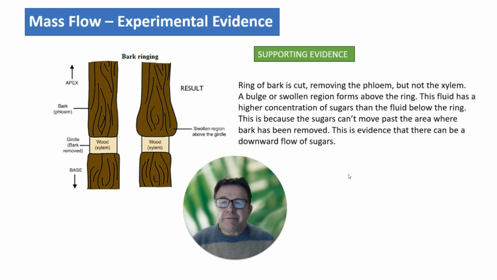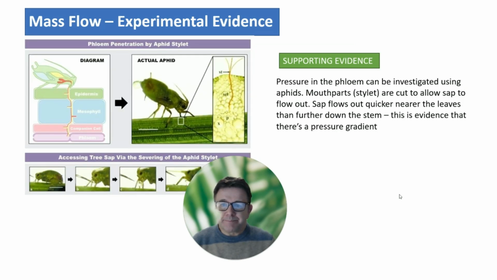What they then find after a while is a bulge or swollen region above the ring, and this fluid has higher concentrations of sugars than the fluid below the ring. This is because the sugars can't move past the area where bark has been removed. Why is this supporting evidence? Well, this evidence shows that there can be a downward flow of sugars from source to sink.